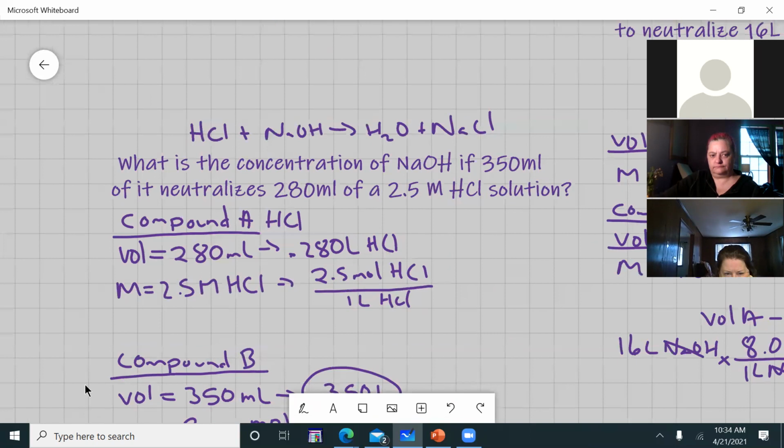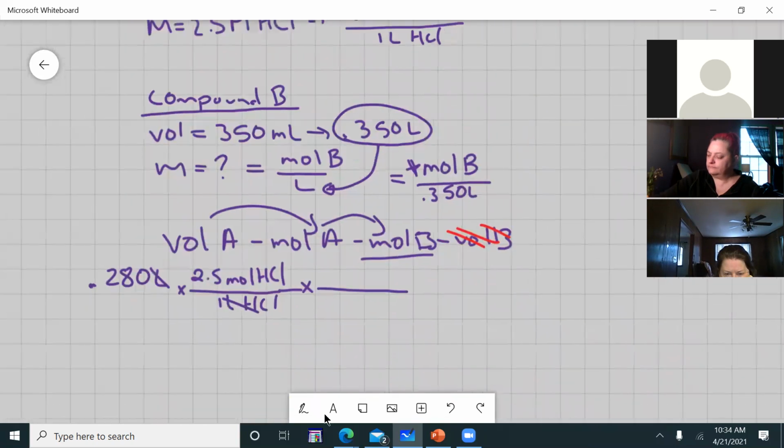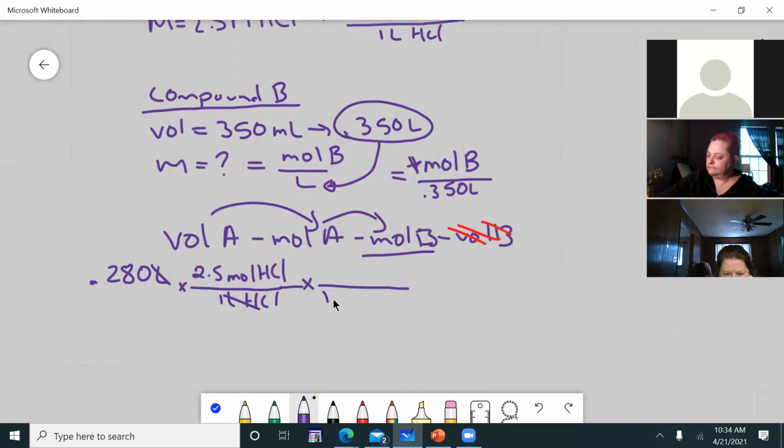Now off of the balanced equation, again, this is a pretty basic one. It's a 1-to-1 ratio. So 1 mole of HCl will yield 1 mole of the NaOH. I never even explicitly said that this was NaOH, sorry. Compound B is NaOH. So the moles there will cancel. So we'll be left, and we can just stop there.